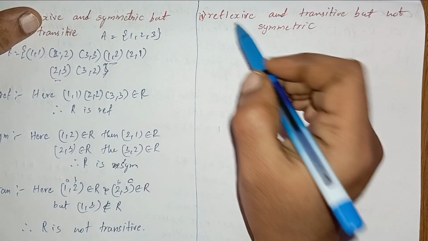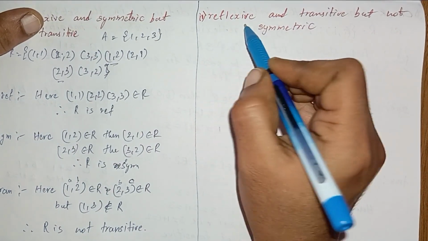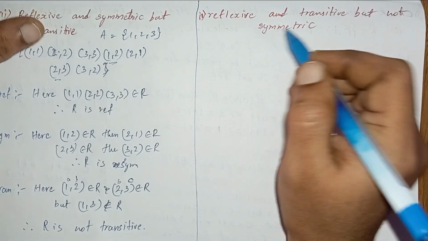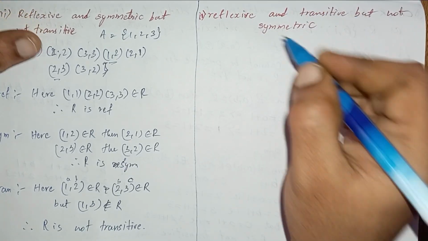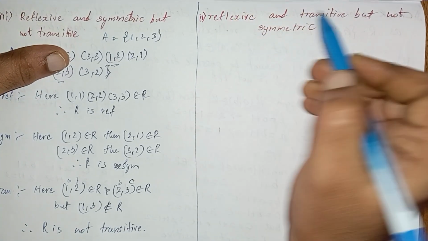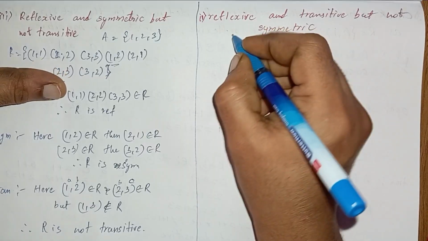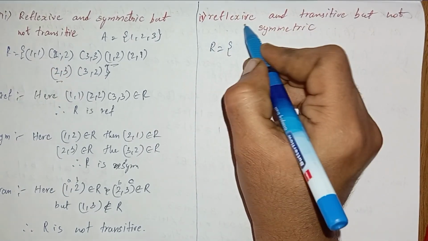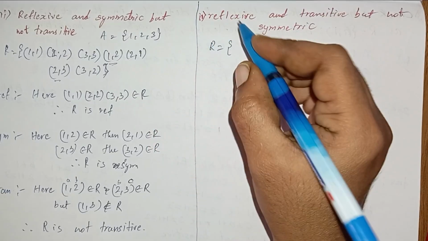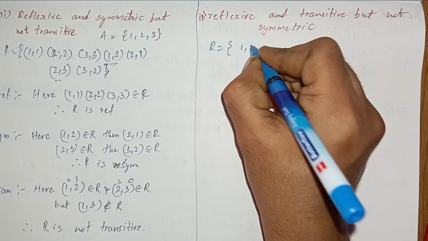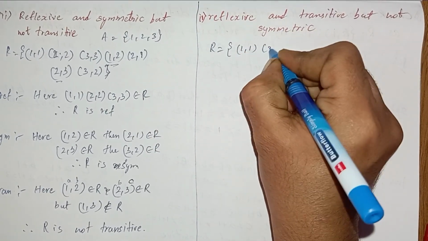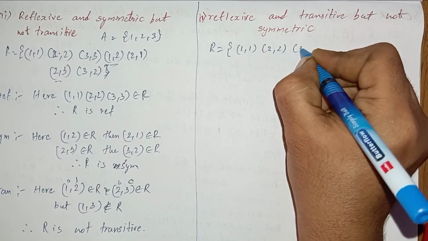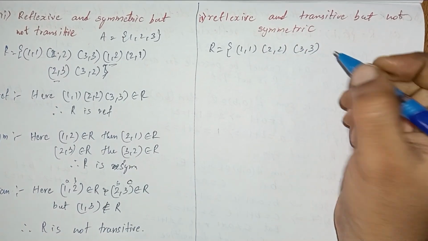The fourth one is, we have to give an example that is reflexive, transitive, but not symmetric. So we have to take such a relation that it satisfies reflexive and transitive, but not symmetric. So I will take R equal to, to satisfy reflexive, for every A there should be a doublet: (1,1), (2,2) and (3,3).